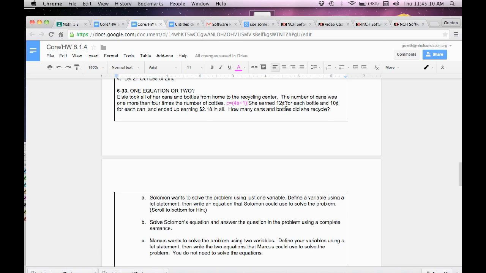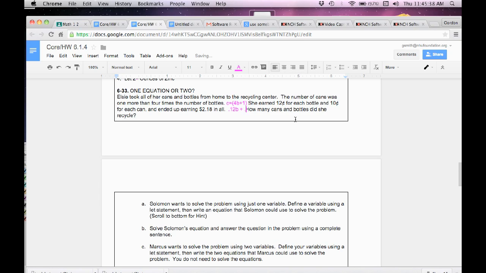Next, she earned 12 cents for each bottle. Okay, so for every bottle, she earned 12 cents and 10 cents for each can, and she ended up with $2.18 in all. So she gets 12 cents, so 0.12 times the number of bottles, plus she gets 10 cents, or 0.10 times the number of cans.